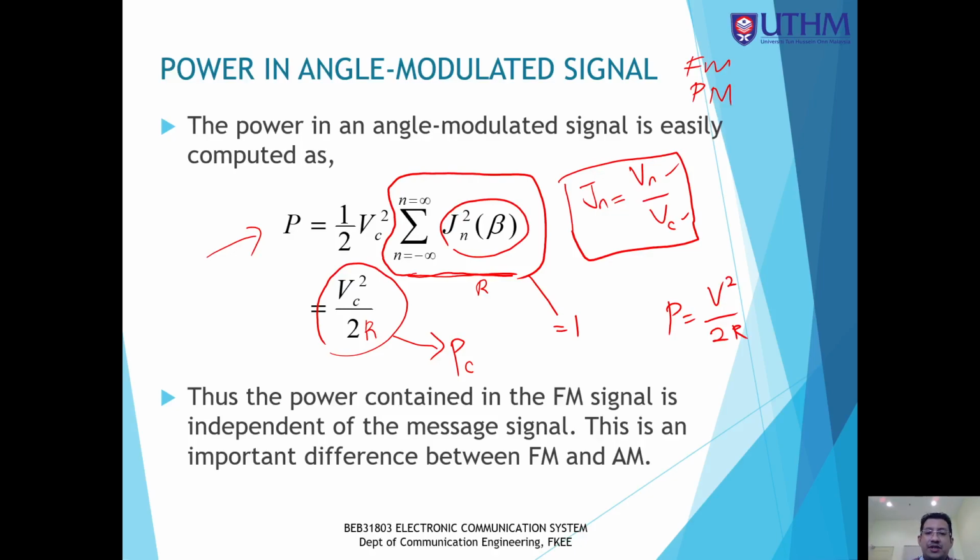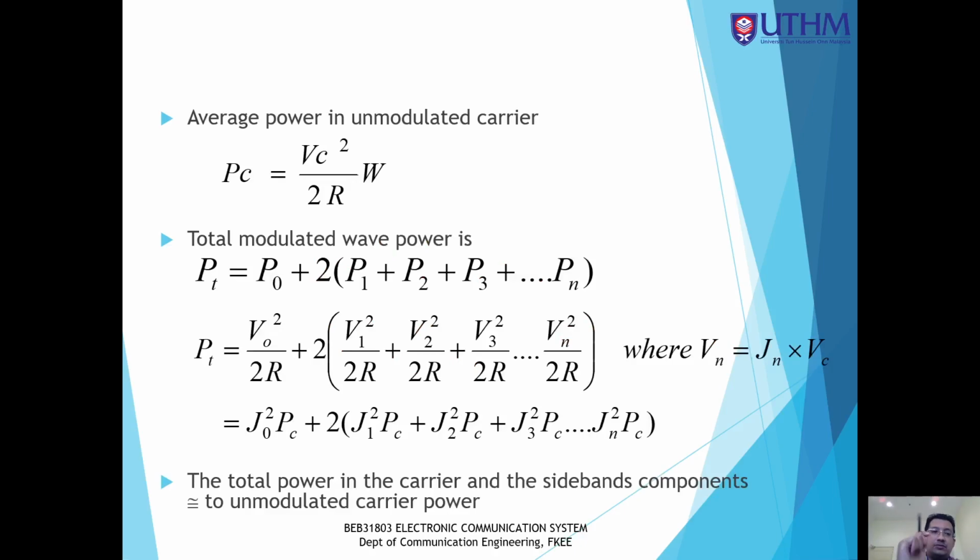Since this becomes 1, the total power of the angle modulated signal becomes equal to the carrier power. The total power is equal to the unmodulated carrier power, Vc square over 2R.